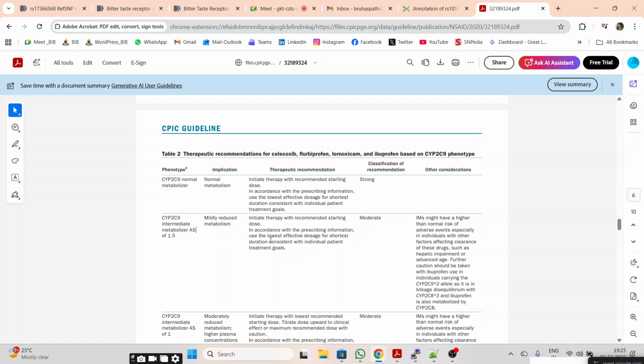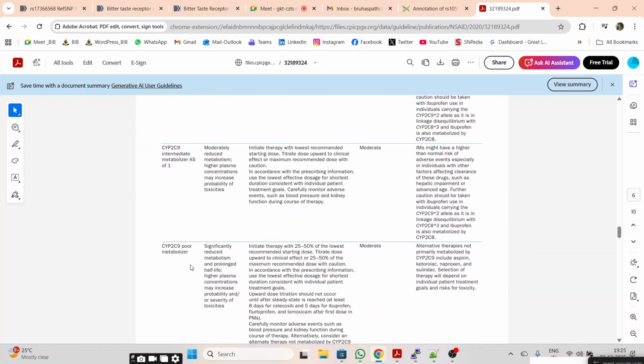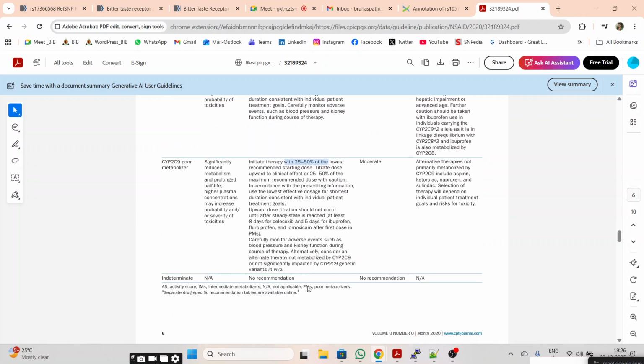For an intermediate metabolizer, initiate, and if it is effective or non-effective, reduce the drug. If it is a poor metabolizer, give only 20 to 25% of the dose. If you don't find the effect of the drug, change to an alternative therapy.